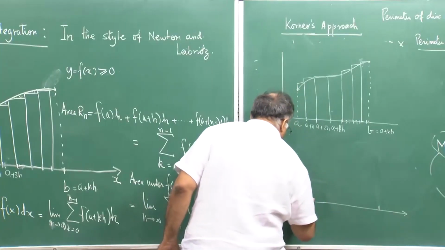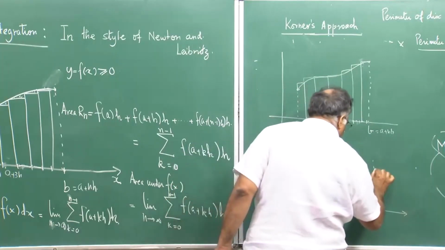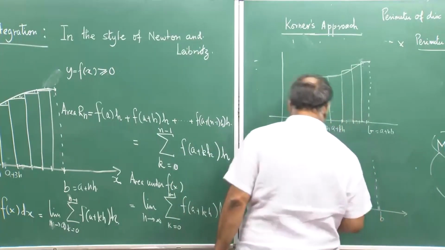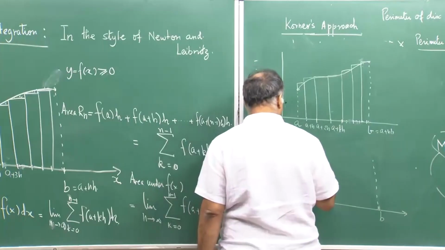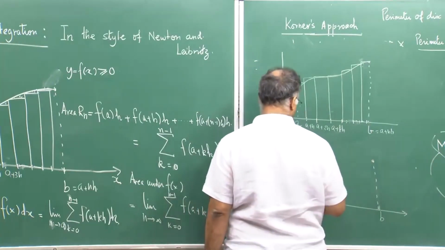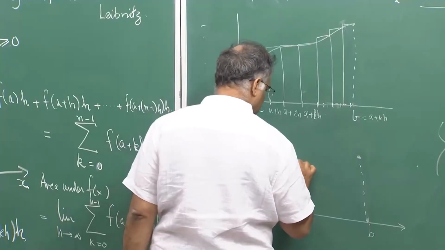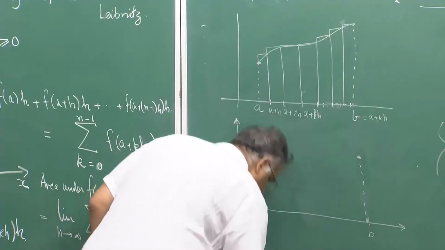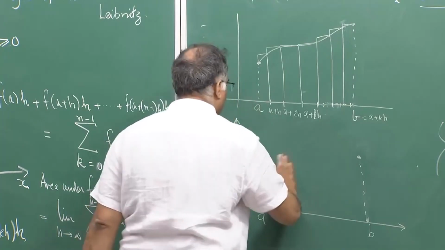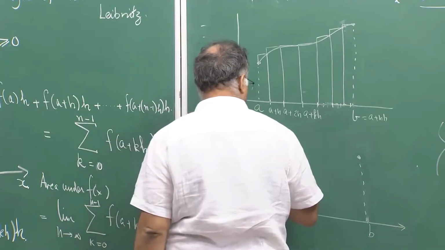I will draw this line, this is x equal to a, this is x equal to b. Maybe I'll draw the same sort of curve.